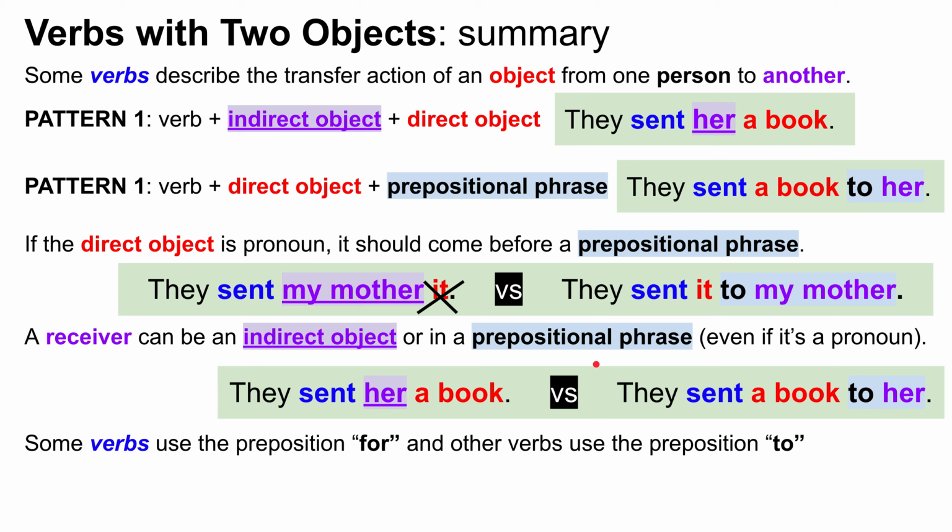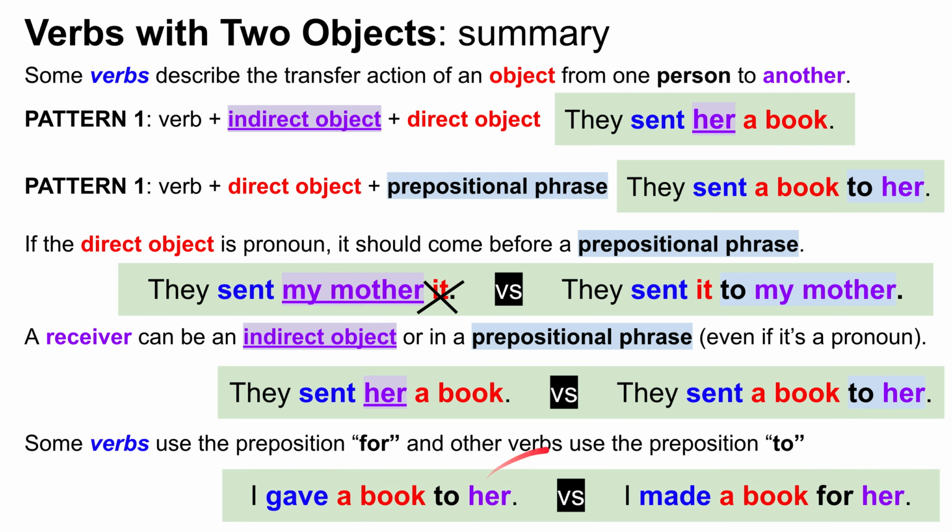They sent a book to her. Lastly, some verbs use a preposition for and other verbs use a preposition to. I gave a book to her versus I made a book for her. Remember that the verbs that transfer an object from person to person are going to use a preposition to. But the verbs that prepare the object use a preposition for.